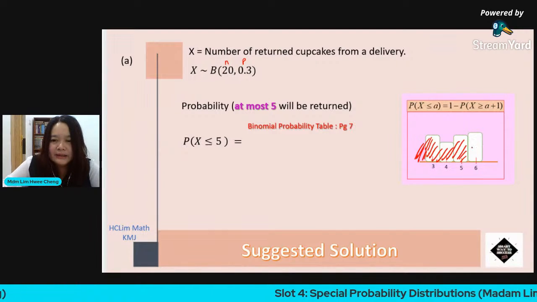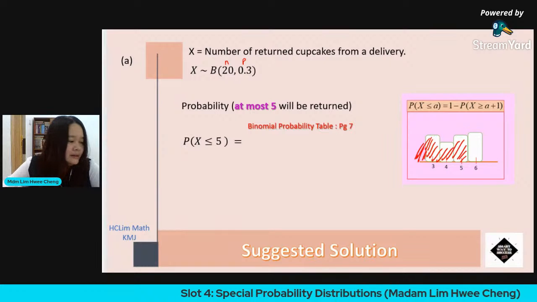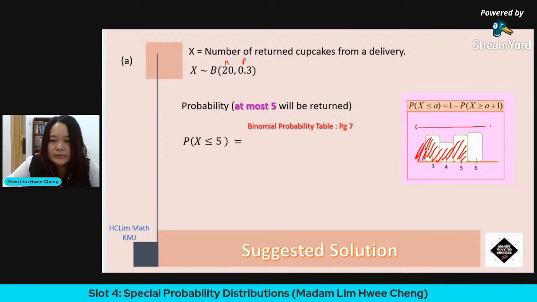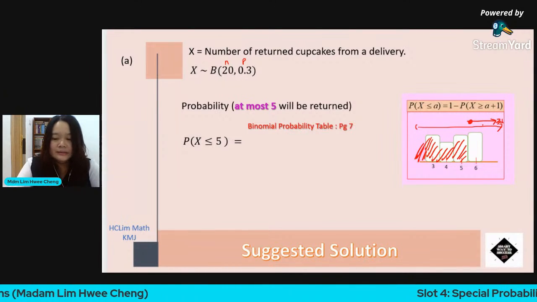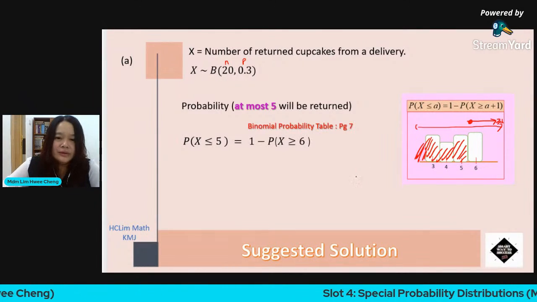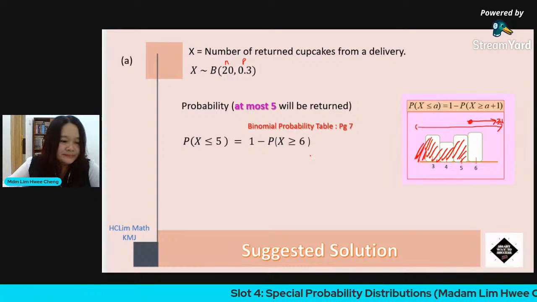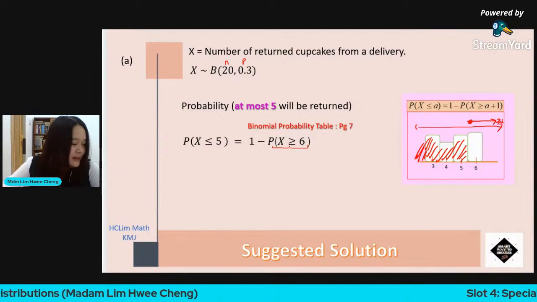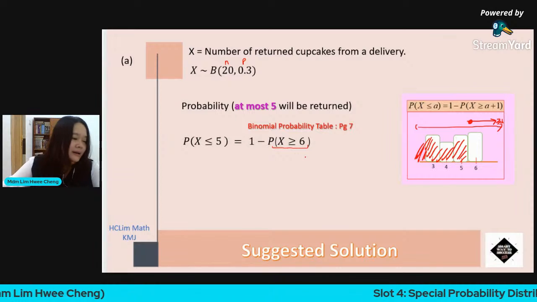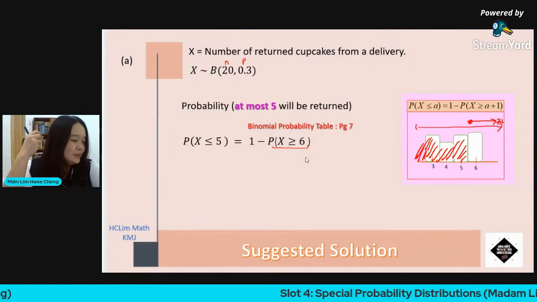I don't want this, so I can use the whole and subtract. So I use 1 minus the probability of greater or equal than 6, because this one I can read from the table. I have to read greater or equal.